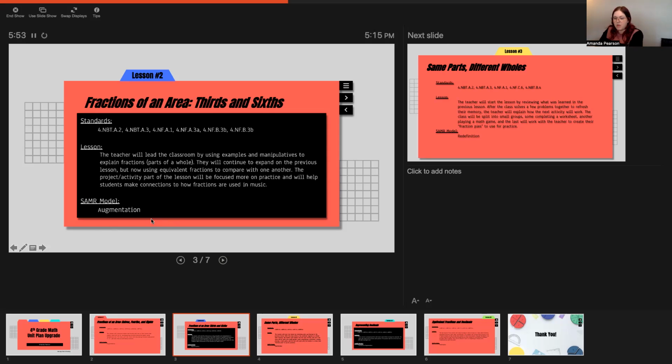I thought that this would be under augmentation as well, just because, again, it's providing the information to students and allowing them to use the technology to show their understanding, but the technology isn't changing or helping to elaborate their understanding. They're just using it as a means to express their understanding of the content.